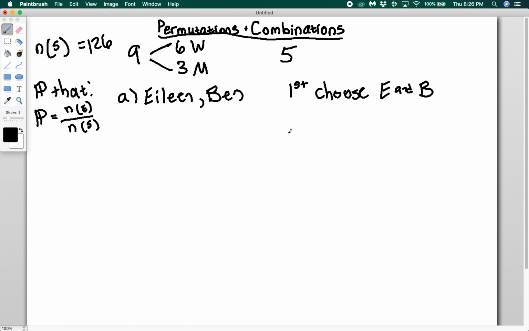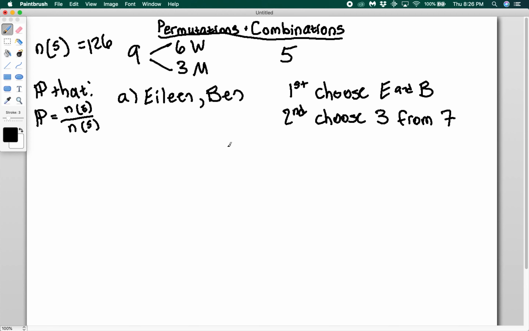So if I have 3 slots left and I've pulled 2 people out of the pool of 9 that I started with, then I'm choosing 3 people from among the remaining 7. So the second thing we want to do is choose 3 more people to fill the committee from the 7 that are remaining. Remember, it's 7 because we already pulled Aileen and Ben out.